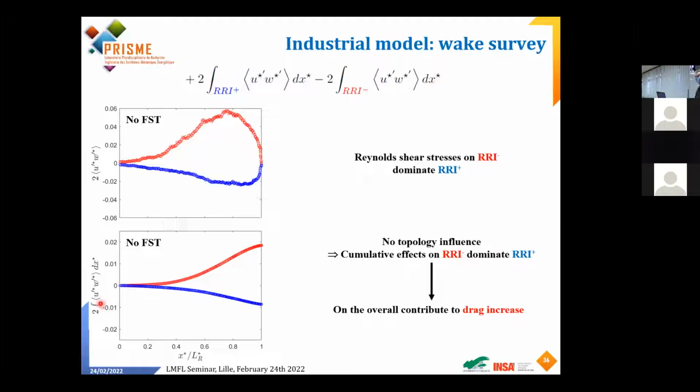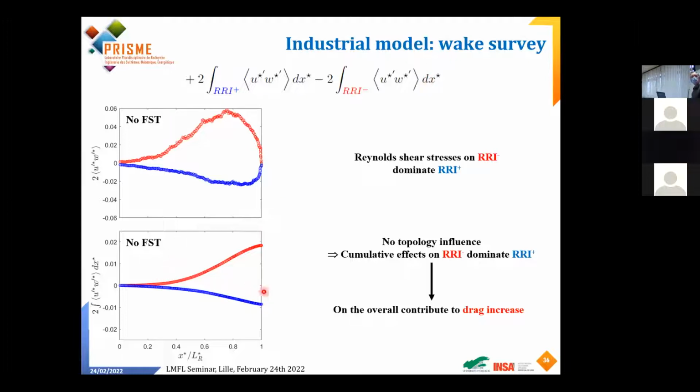So this red cumulative term here will dominate its upper part value. And at the end of the day, if you look at this equation, here I have a positive value of the red part. So this one is positive, so its contribution will be negative. So it will decrease the pressure at the base.